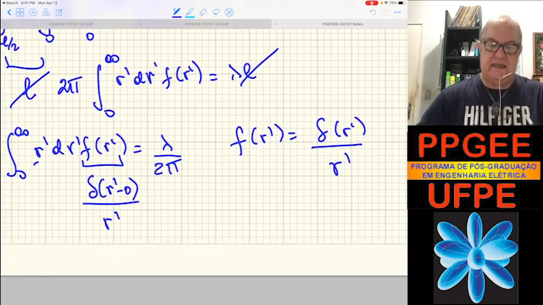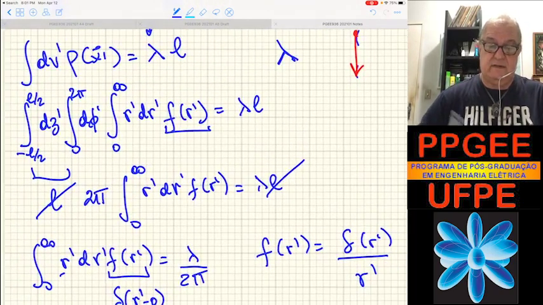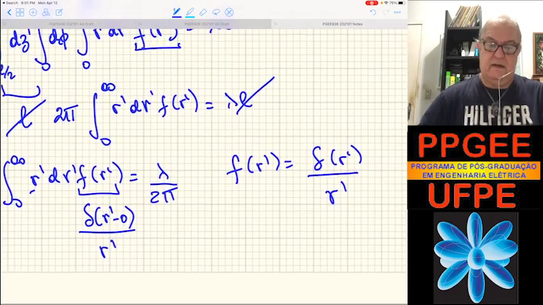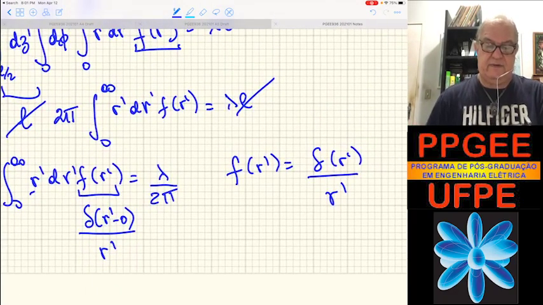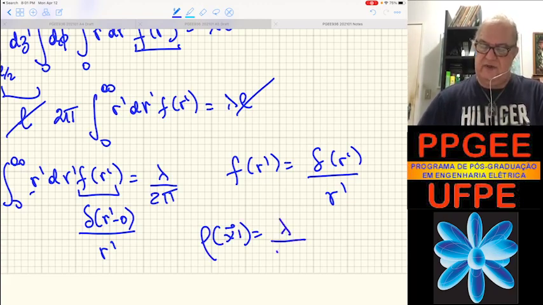And our density, what is our density? Well, our density is going to be rho of x prime equals lambda over 2 pi r prime delta of r prime.